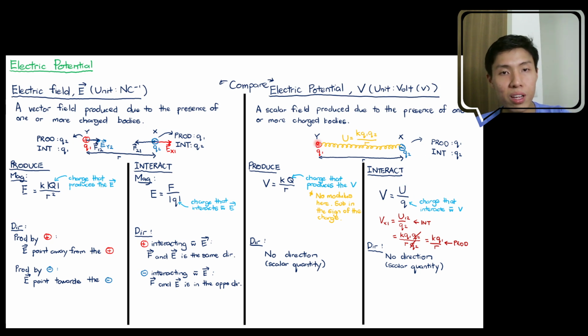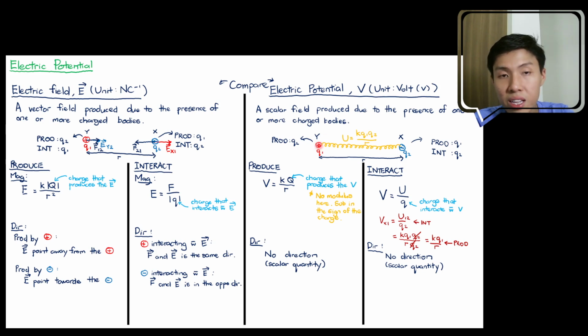Before I end, of course, besides analyzing a situation at X, I can analyze a situation at Y as well. If I analyze the situation at Y, then the electric potential at Y will be produced by another charge. So who is producing the electric potential at Y? Q2 will be producing the electric potential at Y. Then who will be interacting with the electric potential at Y?